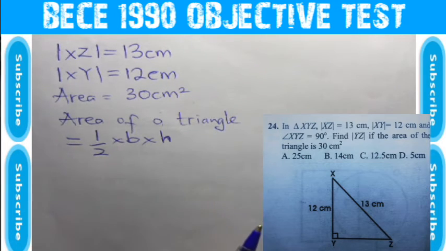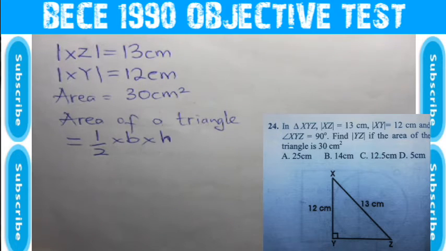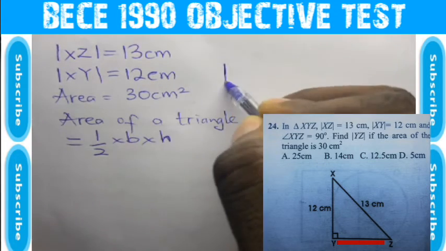The base of the triangle is not known. The base of the triangle is equal to the length of YZ. That is what the question is demanding that we find. So we are finding the length of YZ. That is what we are calculating for.